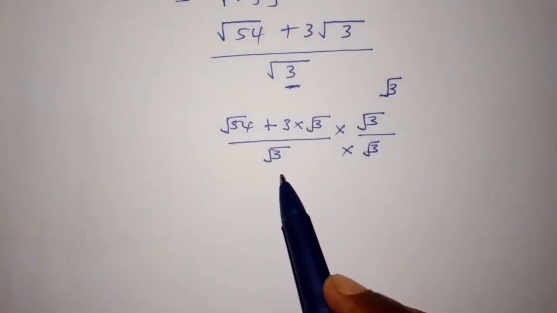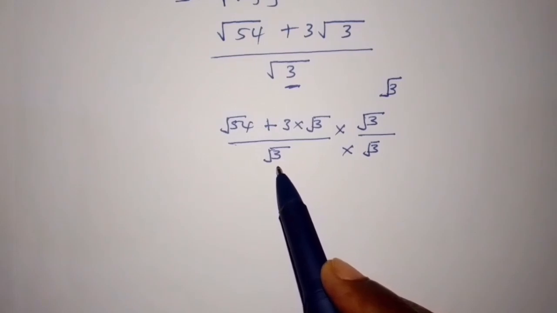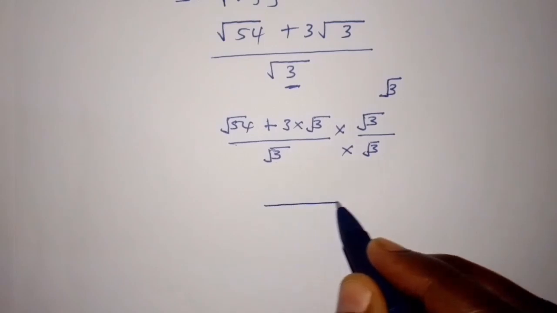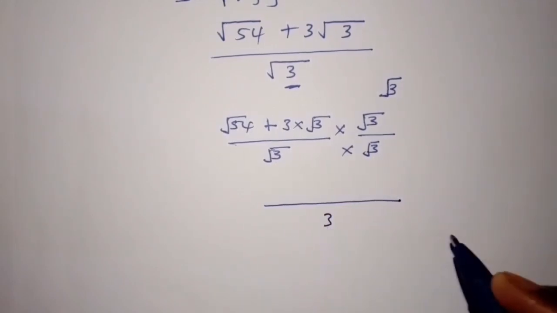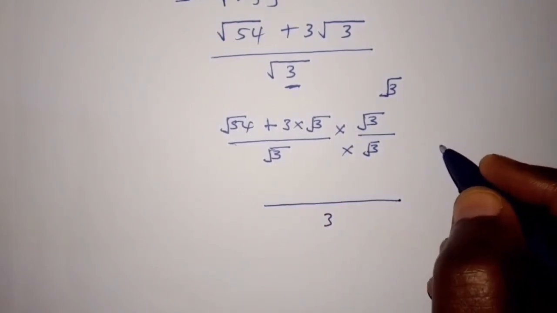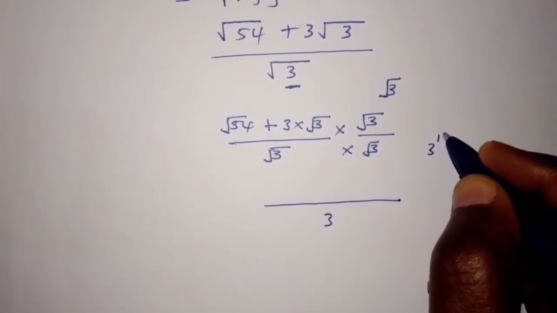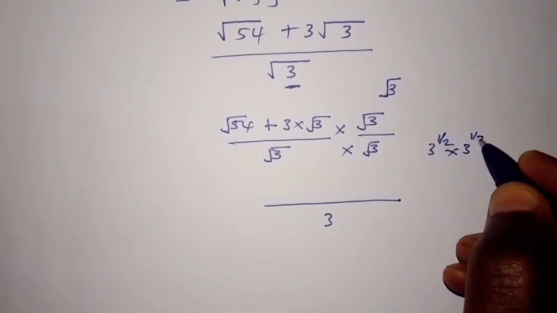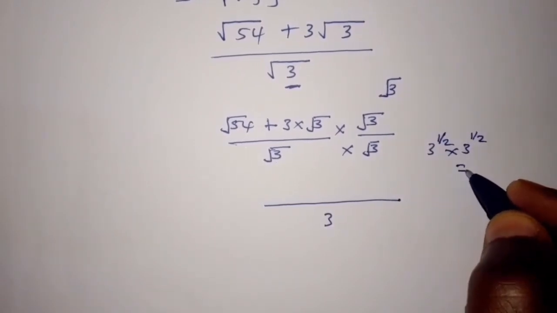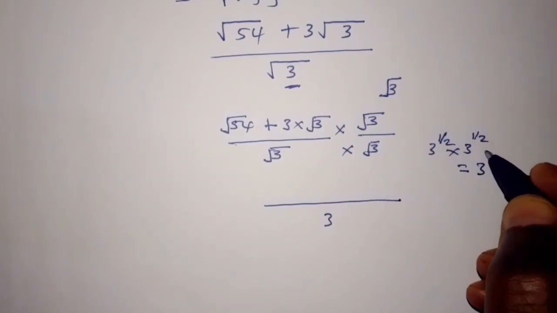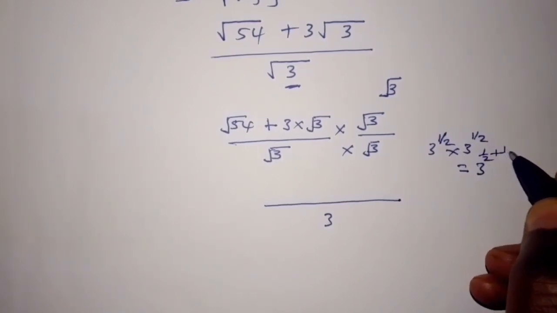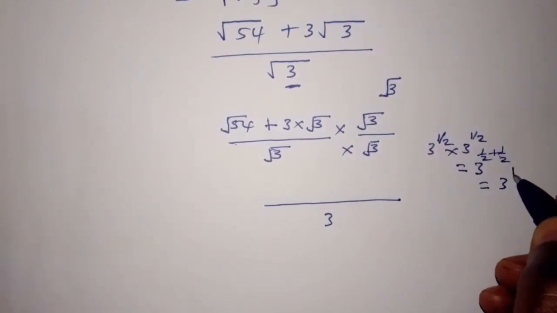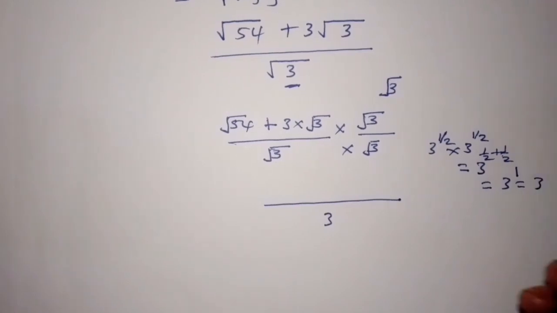So when we multiply the denominator by square root of 3, that is square root of 3 times square root of 3, we end up with 3. Because square root of 3 is just like 3 power a half times 3 power a half, which is equal to 3 power a half plus a half, which is equal to 3 power 1, which is equal to 3.